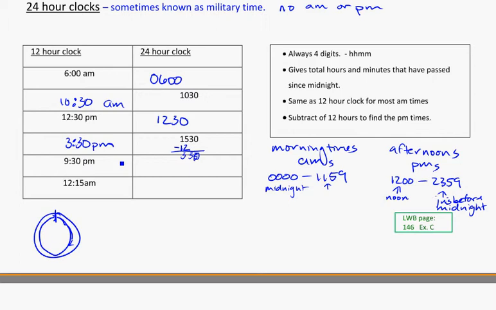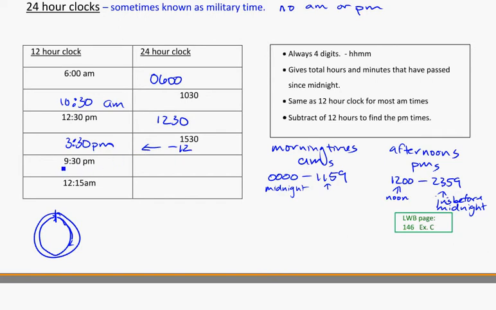It's after the first 12 hours of the day. So again, to convert between here, I'm just going to subtract 12, and that's only because it's a time after 1300. So after 1300 you're going to subtract 12 or add 12 depending on which way you have to go.